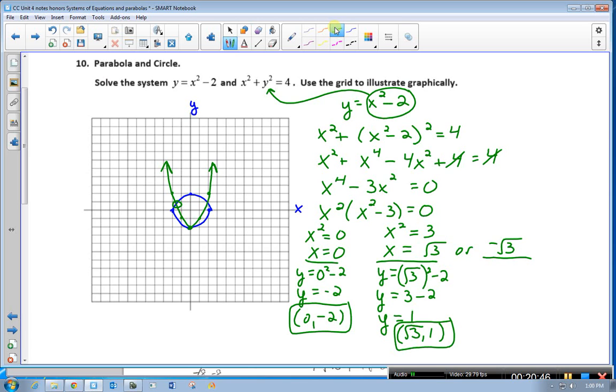That one I didn't draw very well. You can see that. And then the negative one would be the same exact thing, because when you square that negative, you get the positive. So we get negative radical 3, 1. So there's the 3 intersections.